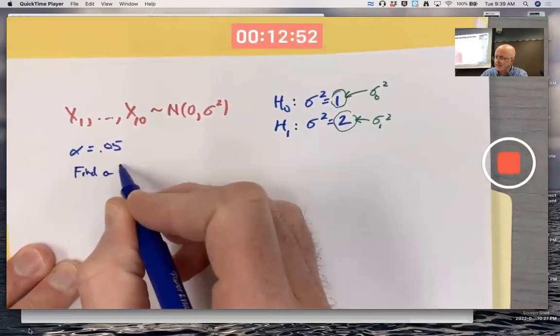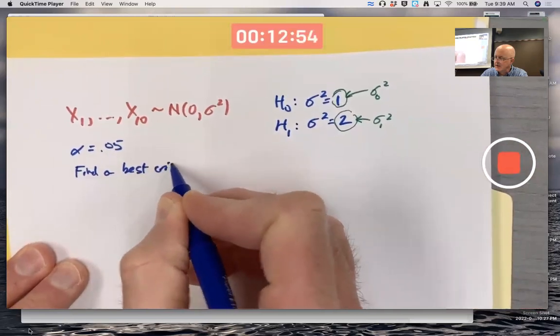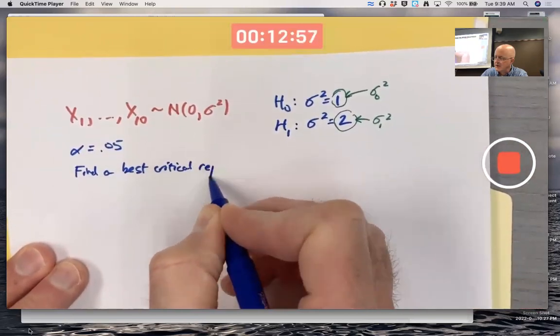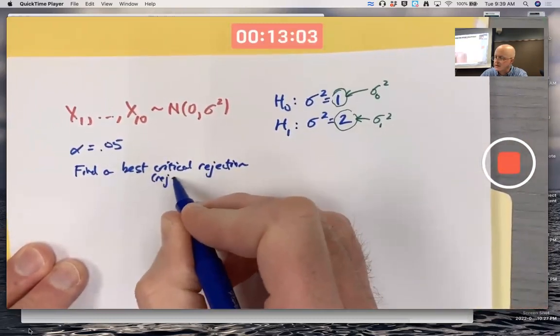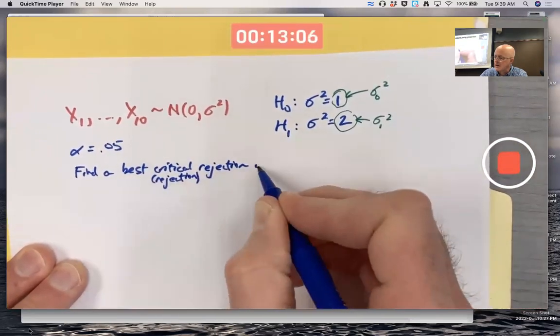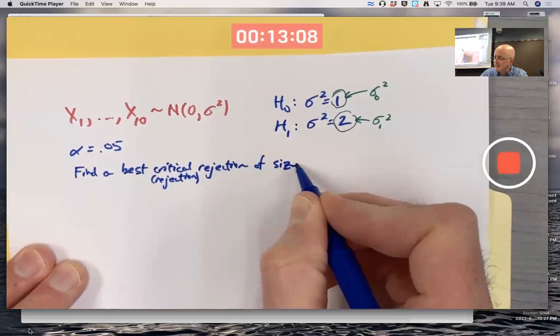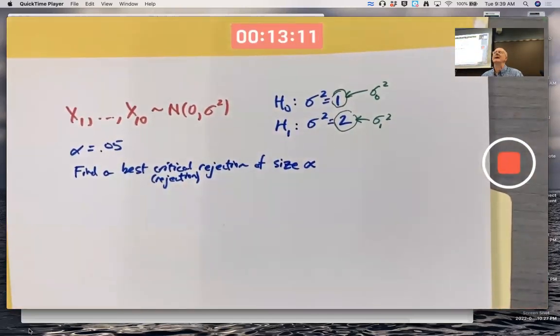Both terms are used. By size alpha, it's just a shorthand way of saying the probability of a type 1 error is alpha. It's not that the literal physical size of the region is alpha, or that the length of the area is alpha. Alpha could perhaps be thought of as an area under a curve, but don't take the word size too literally. It's just shorthand.